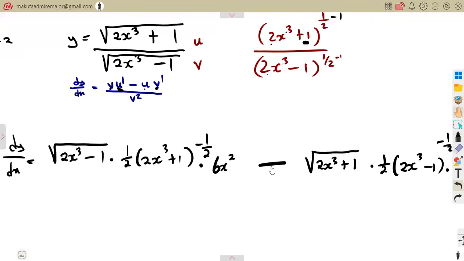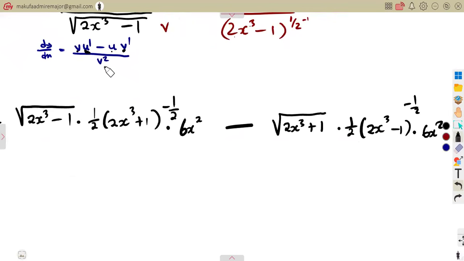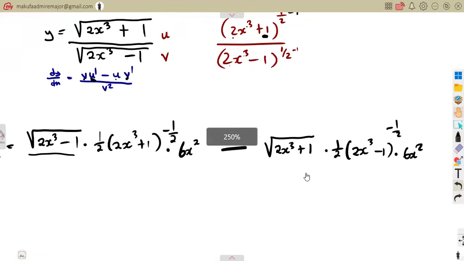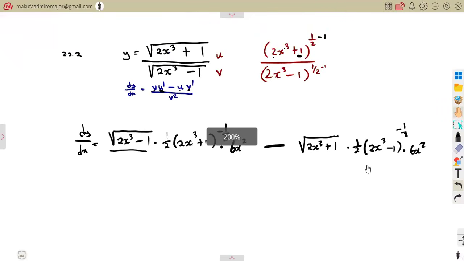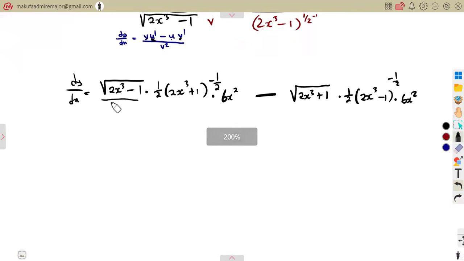We are done. This is the numerator part, but in the denominator, everything is supposed to be divided by v squared. So everything is affected by v squared. Let me just try and reduce this one. Everything here is going to be divided by v squared, which closes up my other numbers here.